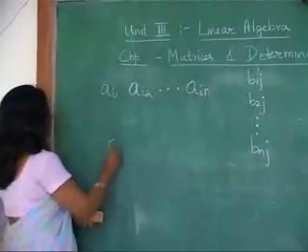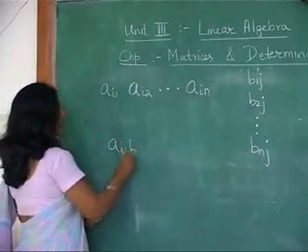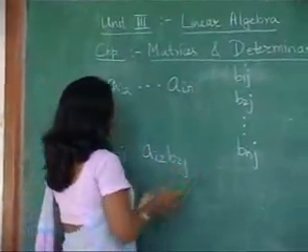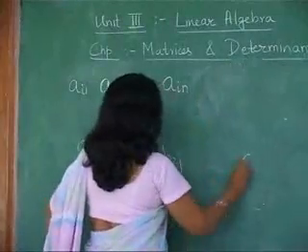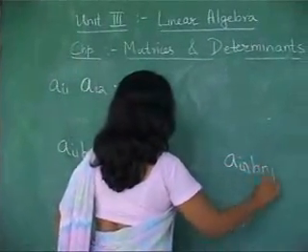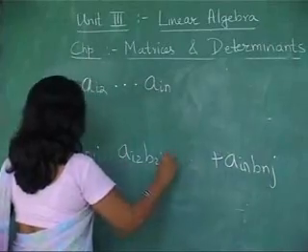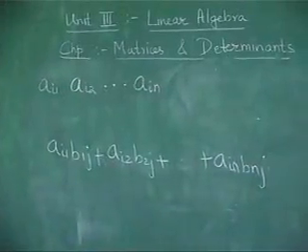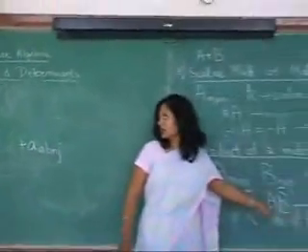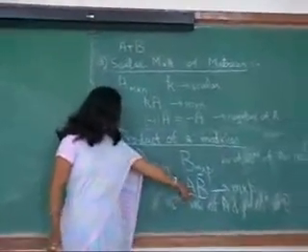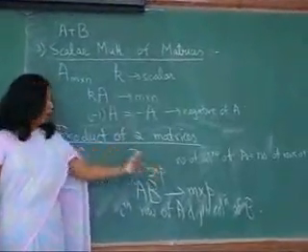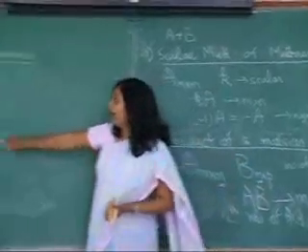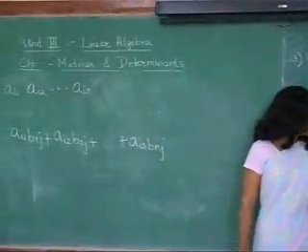That means I'll get Ai1 B1j, Ai2 B2j, and Ain Bnj, and then add all such products. So getting the ijth element of the product is quite a complicated business. You have to take the ith row of A, jth column of B, multiply the corresponding elements of the selected row and the selected column, and add all such elements.